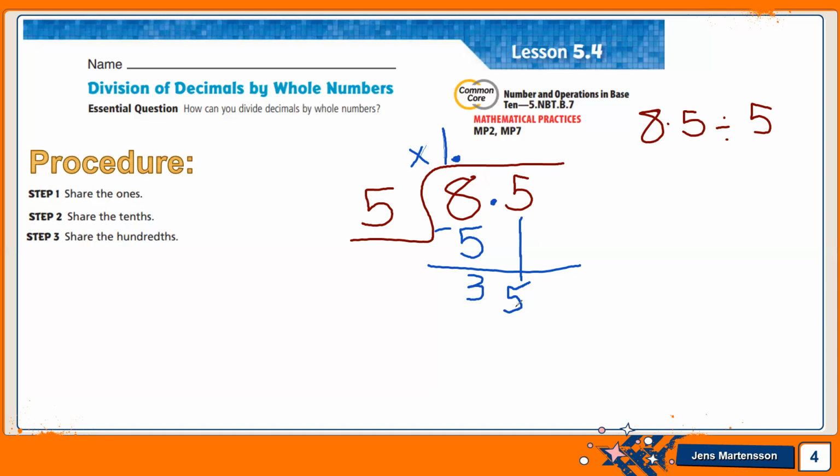Then 35 divided by 5, which is what? 7. How will I know? Remember, what are the multiplication table of 5? 5 times 1, 5 times 2, 5 times 3, 5 times 4, 5 times 5, 5 times 6, and 5 times 7.